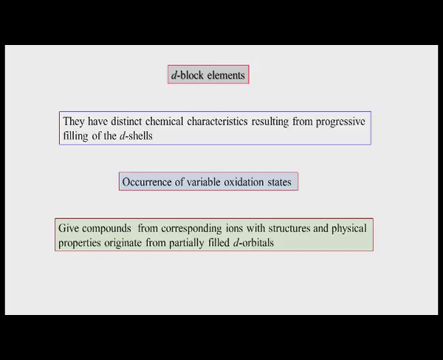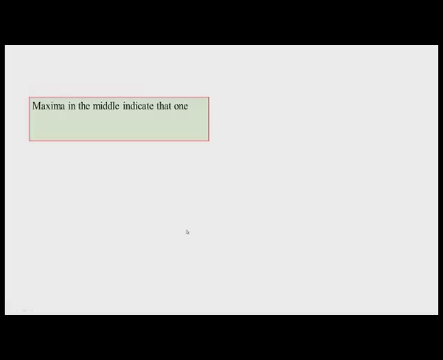So, these colors originate from the different number of d orbitals and their occupancy by the different number of d electrons.